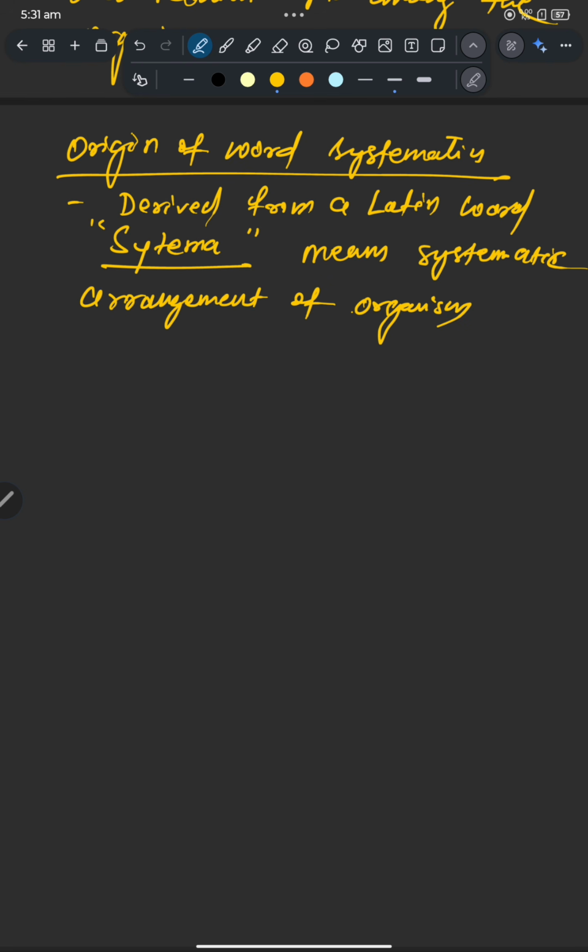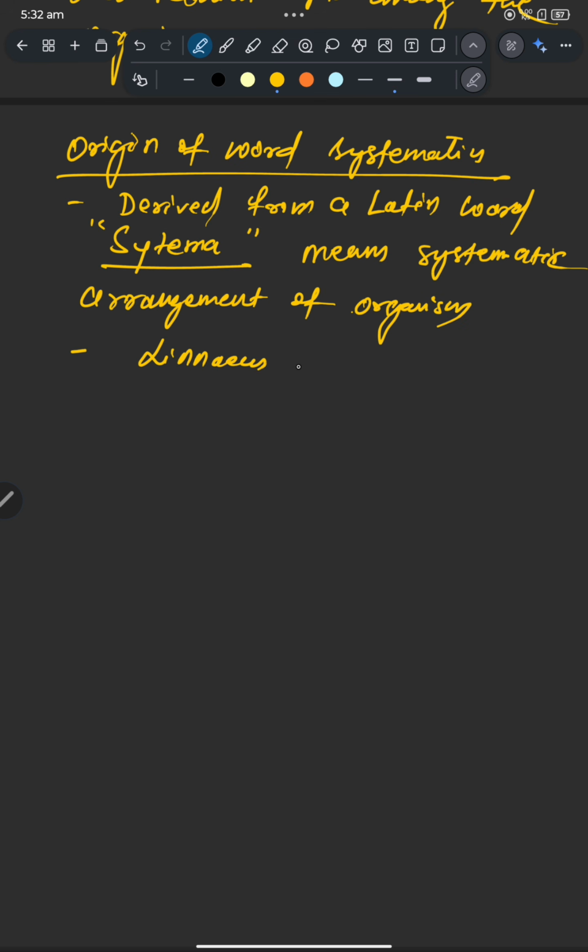Now in the classification, what was the contribution of Linnaeus? Linnaeus contributed by publishing his book Systema Naturae. This term was used by Linnaeus to name his publication.